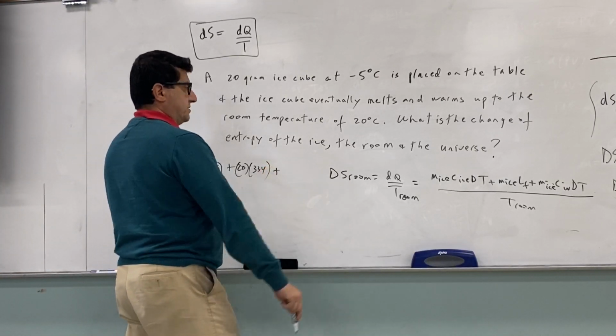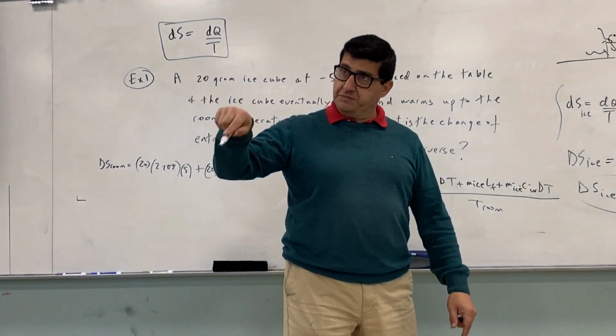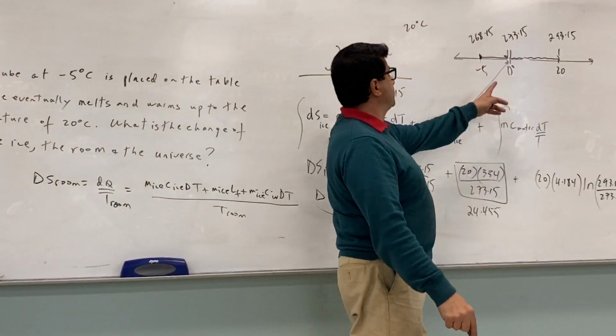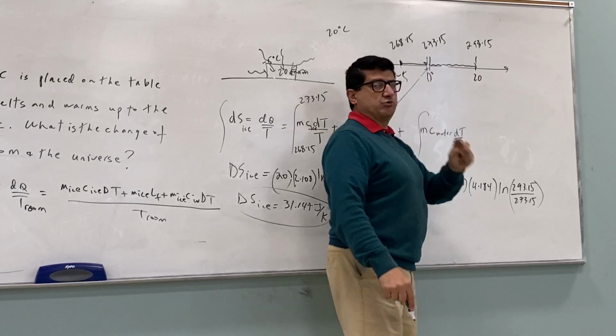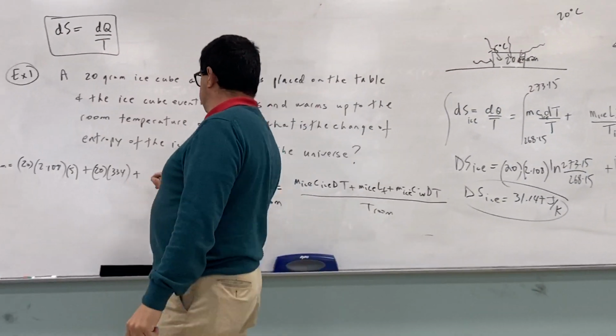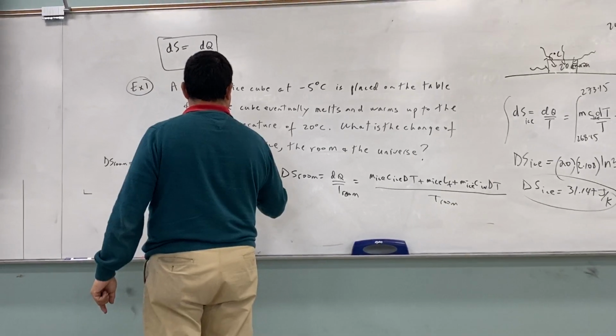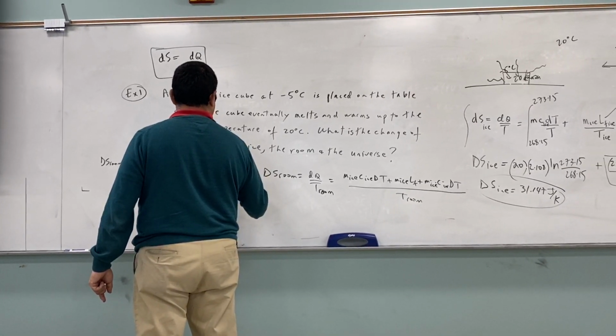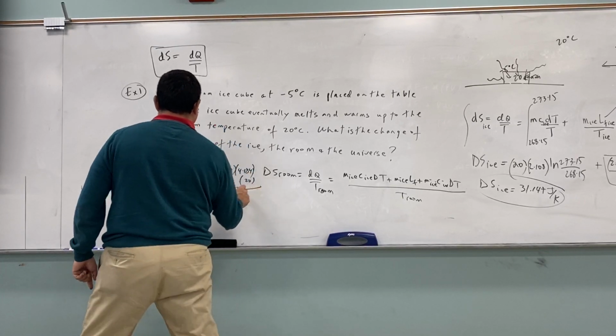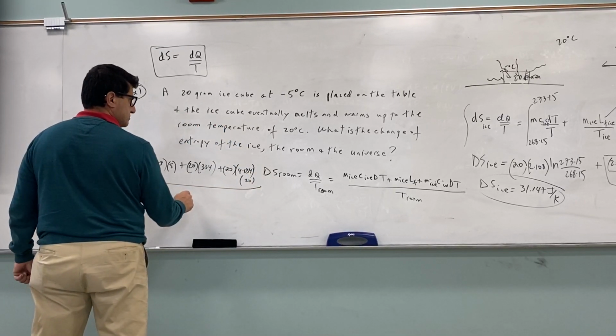Plus the amount of heat that goes into warming the ice, which is 20 times 4.184, times the change in temperature, which is 20, divided by the temperature of the room.